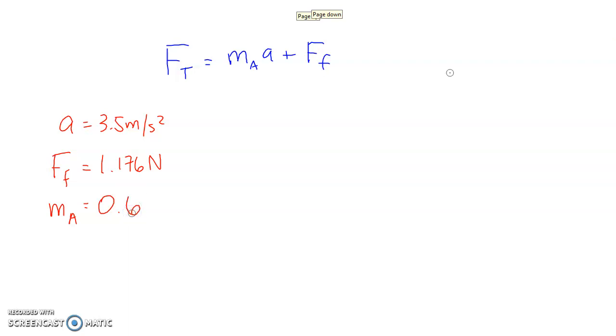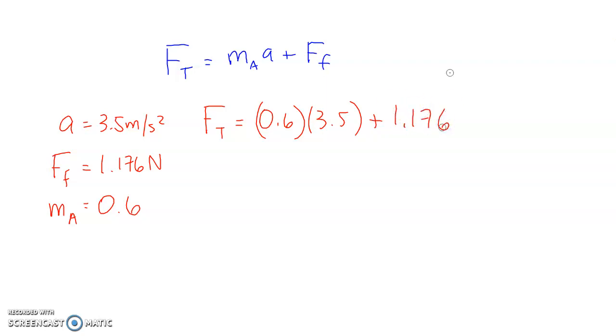So now we just plug it all in and solve for Ft. Easy. So Ft equals 0.6 times 3.5 plus the force of friction, which is 1.176. 0.6 times 3.5 plus 1.176 gives us 3.276, which is approximately 3.3 newtons, and that's our final answer.